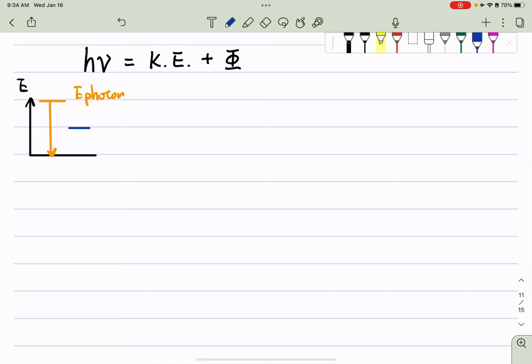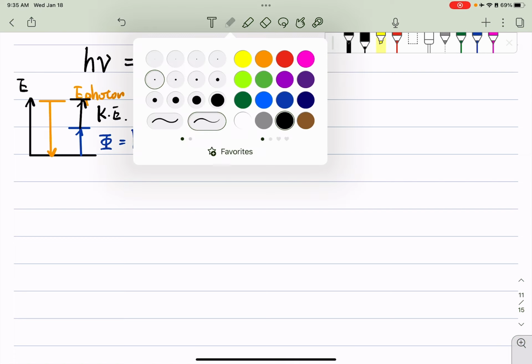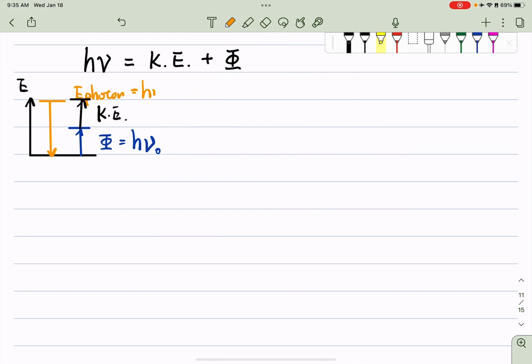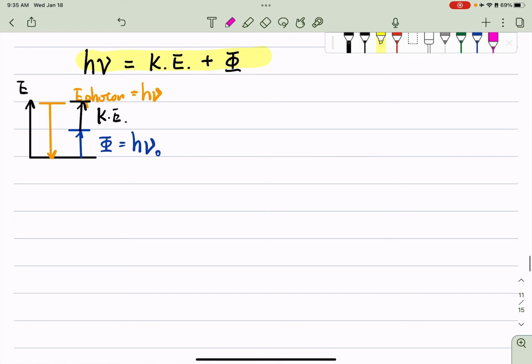The photoelectron bypasses a work function, which equals h nu naught. The nu naught is our threshold frequency, and it's going to gain a certain kinetic energy. Because of the conservation of energy, E photon equals h nu, and that's where this equation comes from. So everything is linked here by conservation of energy.